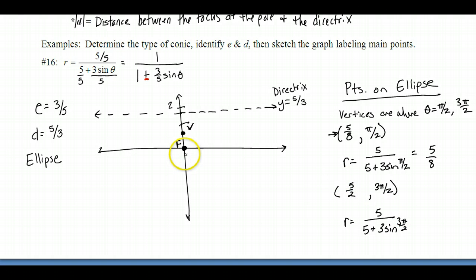So if I go to 3 pi/2 down here, that would be 5/2. If I try to do even spacing from above, that would be 3. So 5/2 would be right here for my second vertex point. And now I have my vertices. I'm not too concerned about the width of this, but I do want to see where the vertices are.